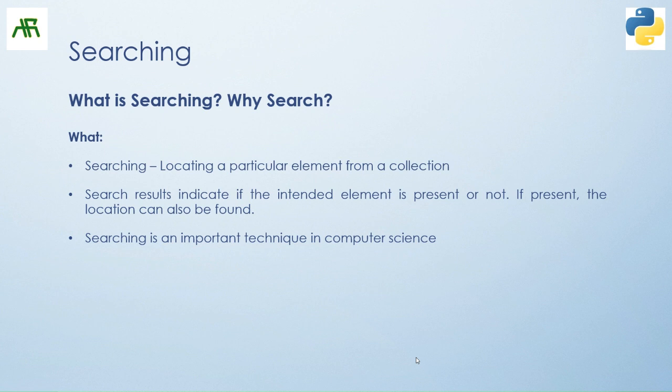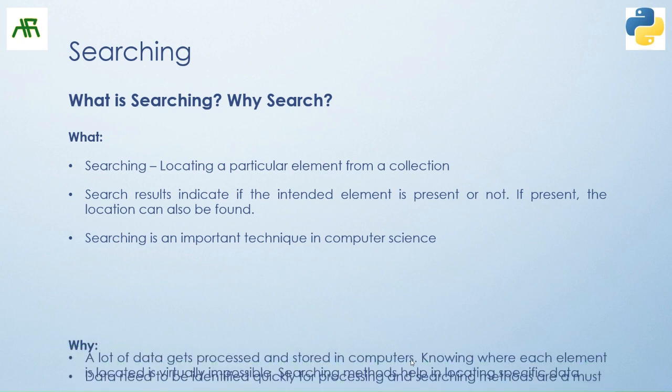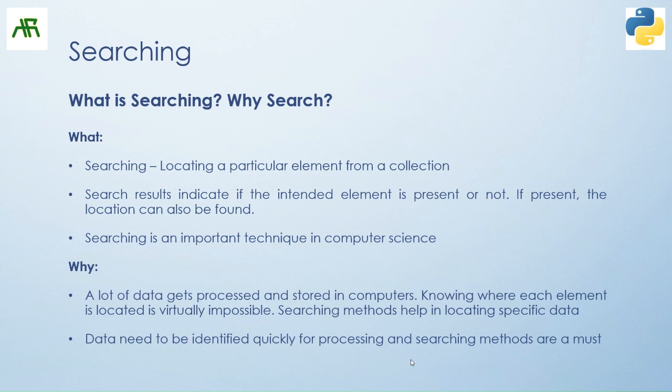When we deal with huge amounts of data and I want to identify or locate a particular data element or set of data elements, I need to have a way of identifying, and searching comes in handy because it is an important technique used to deal with data. Of course, we talked about why. A lot of data gets processed and stored in computers.